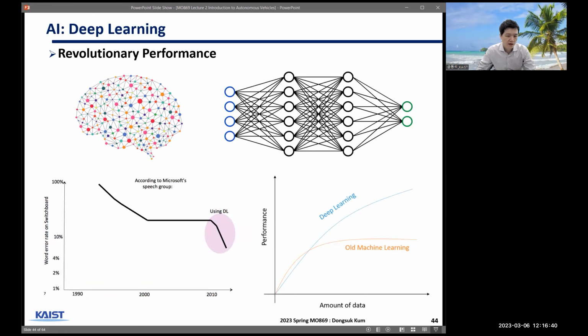And then we have AI, deep learning technologies rapidly developing. The breakthrough in software was brought by deep learning, and I'll talk more about deep learning and AI in the following lectures, but it's a combination of many things, actually, not just deep learning itself.